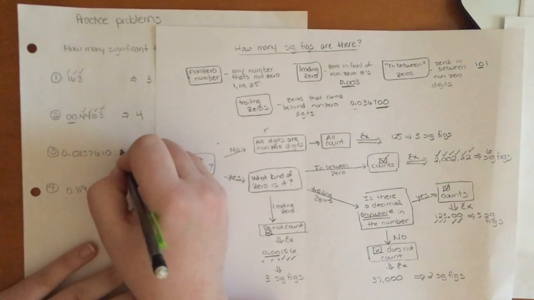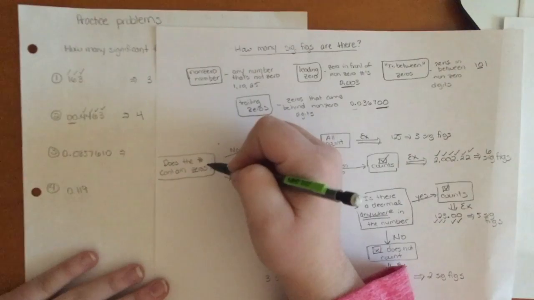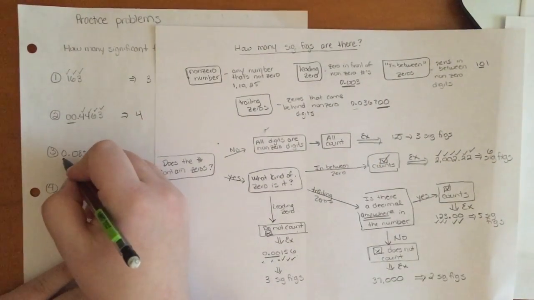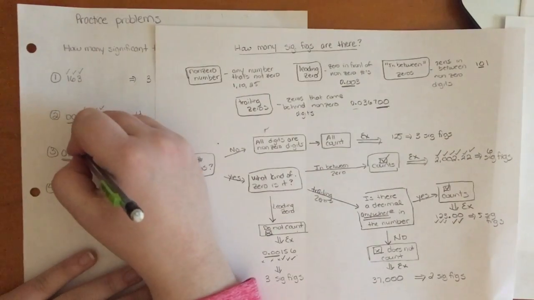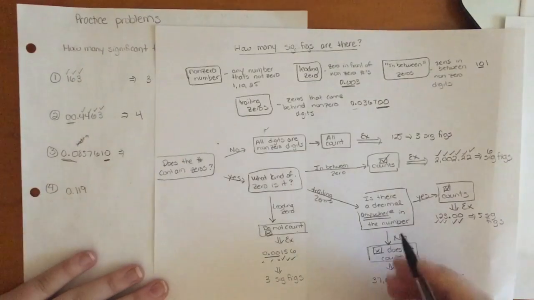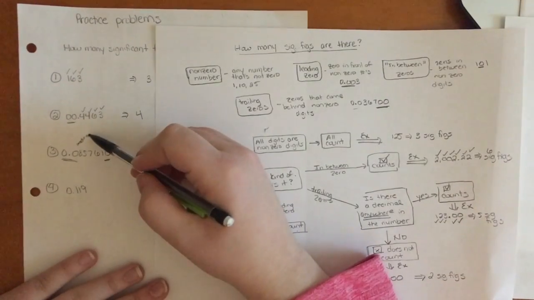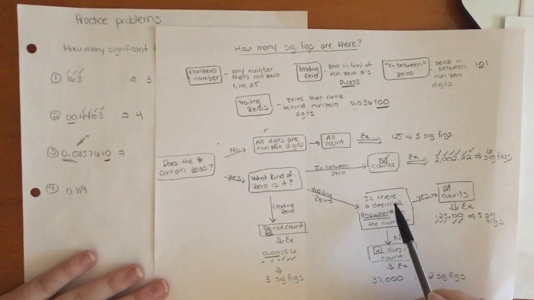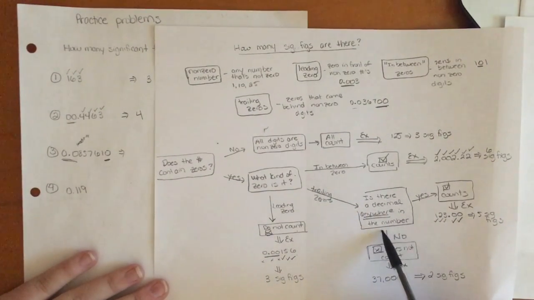Let's do the next one. The number contains zeros, yes. What kind of zero is it? Well, these are leading. These are leading. But this one is trailing. Okay, so we know leading zeros don't count. This one is a trailing zero. Does the trailing zero count? Well, then we ask ourselves, is there a decimal anywhere in the number?